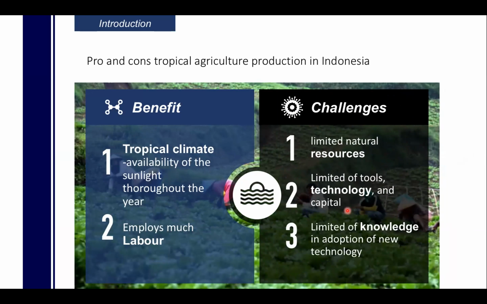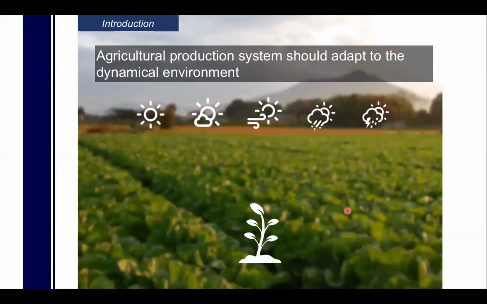So this is our challenge, that we have to move from 3.0 or 2.0 to the 4.0 industry era, but we realize that we have limited tools, technology, capital, and of course limited knowledge in adoption of new technology. So on one side we have some benefits, but on the other side we still have challenges.